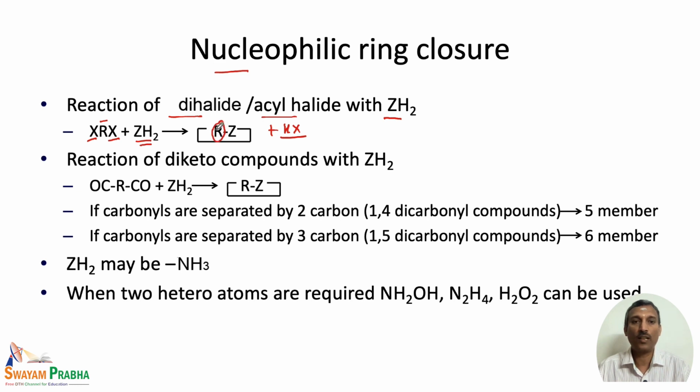R is the alkyl chain present in the starting material. So the heteroatom now joins with the alkyl chain to give the cyclic product. So, this is one type of reaction. In this reaction, the halogen or the acyl halides are generally present at the terminal place.